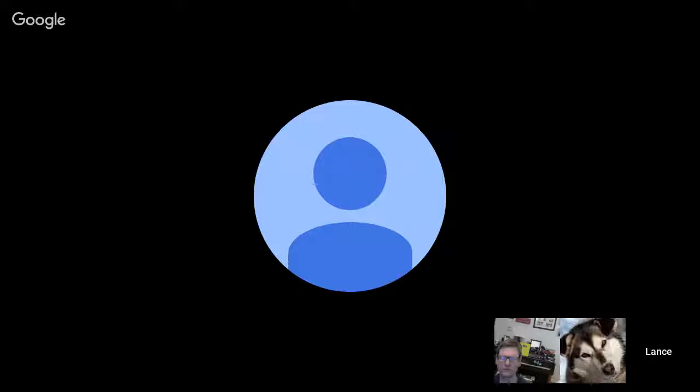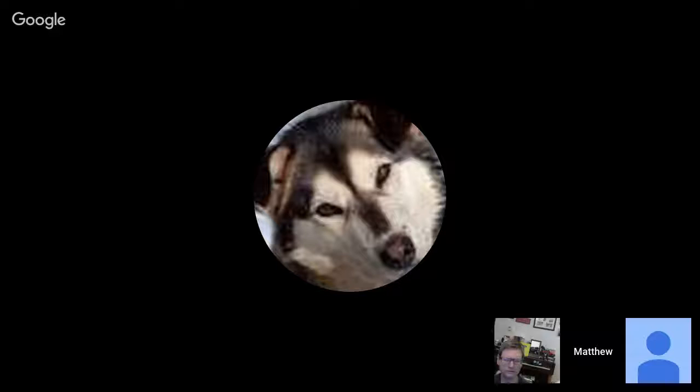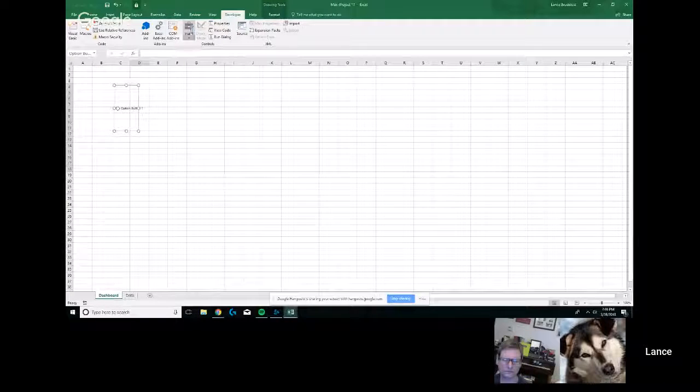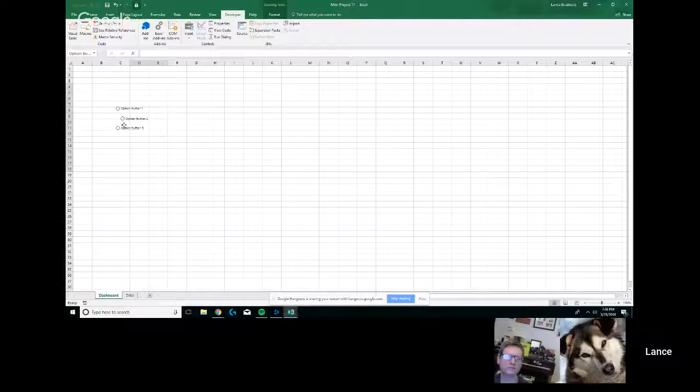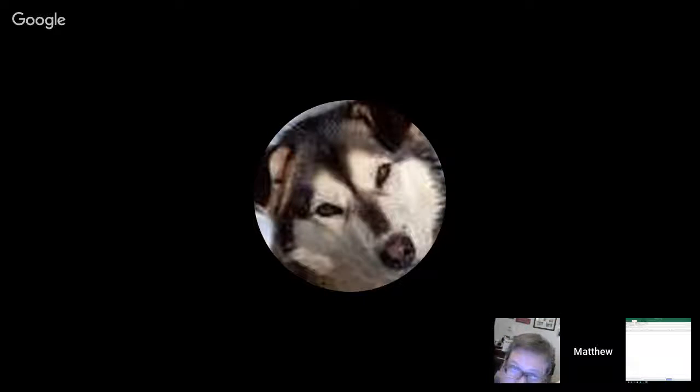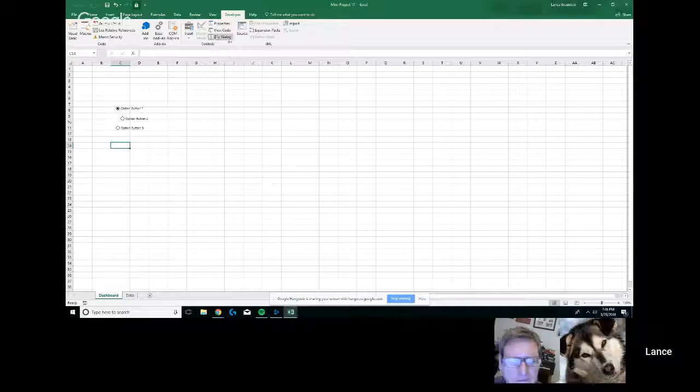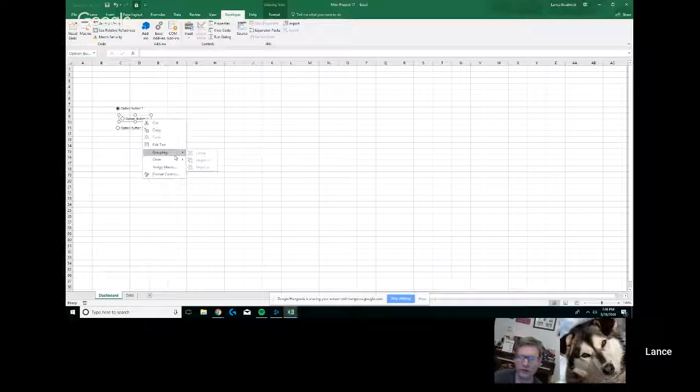Here, I'll share my screen real quick. All right, good. Okay, so insert a couple of these option things. And then of course make it look really pretty. But you'd want it where they can choose. Remind me, where are those at again? Which menu? It's under your developer tab. Oh, okay.